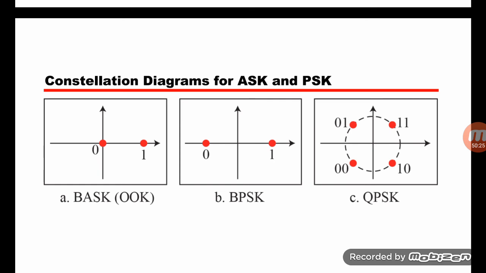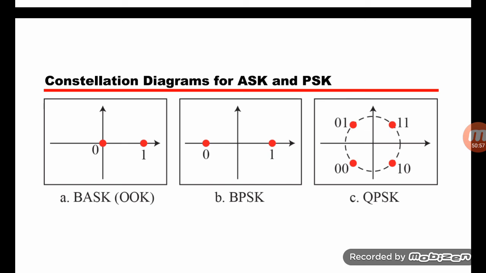To send bit 0, the amplitude of my signal is 0 and the phase is also 0. For sending bit 1, the amplitude of my signal is this much, but the phase is still 0, because in amplitude shifting I don't change the phase. The phase has to remain the same. So for both these dots the phase is the same, but the amplitude is changing. For this one the amplitude is 0, and for this one the amplitude is something like 5 volts or whatever.